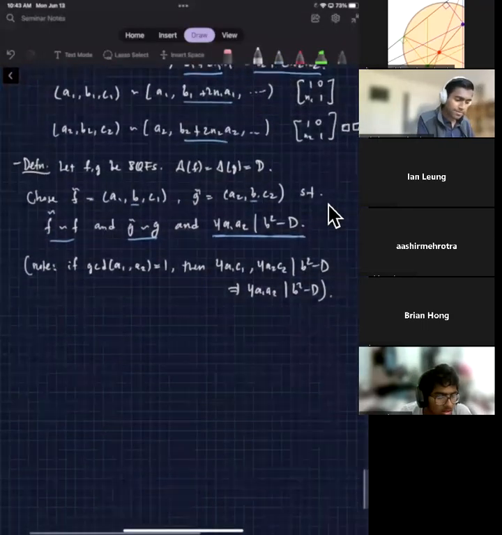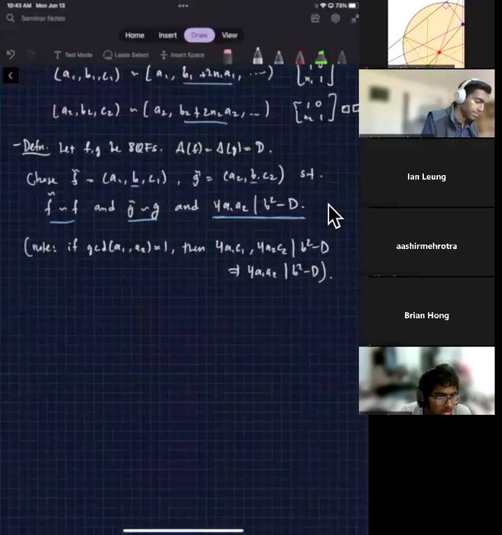That is, we can choose F tilde and G tilde so that that condition is true.